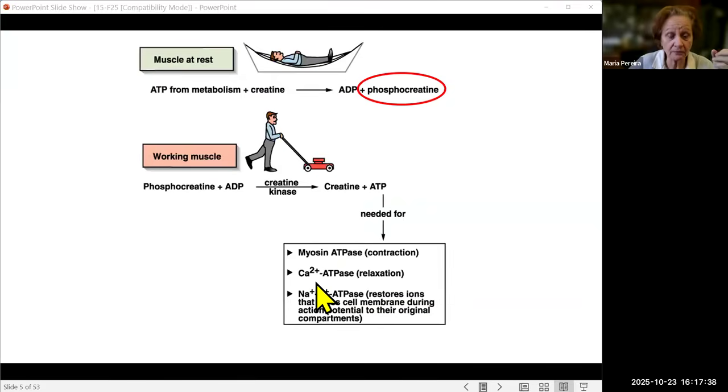A phosphate group is going to be added to creatine while you're resting so that it becomes phosphocreatine. So when you are resting, you reestablish the source of the phosphagen system, the phosphocreatine.